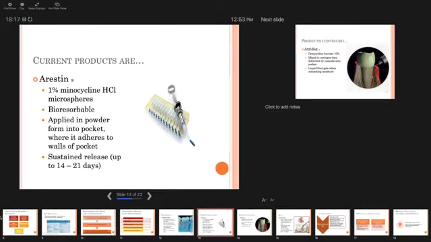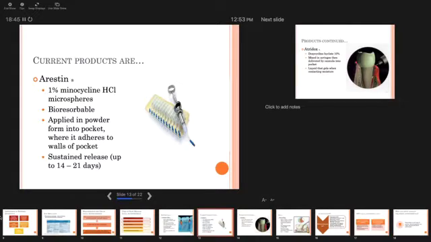So the one that we've talked about more and that we have used in clinic is Arestin. Arestin is one of the more readily available antimicrobials in the US. And so this is most likely the localized antimicrobial that you will encounter and use outside of school. So it's 1% minocycline HCl microspheres.